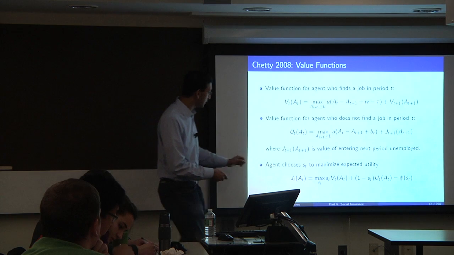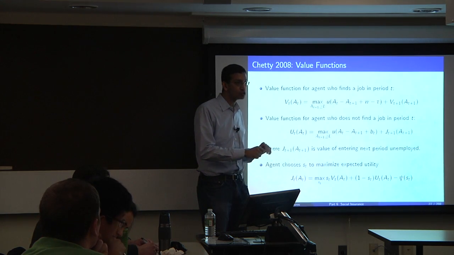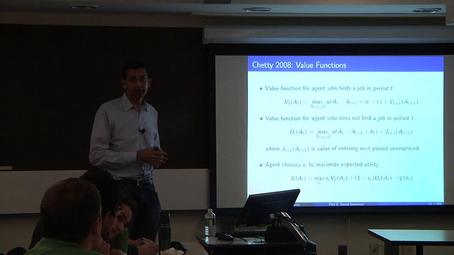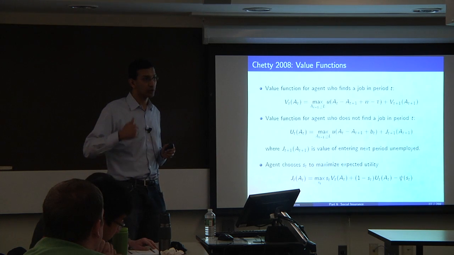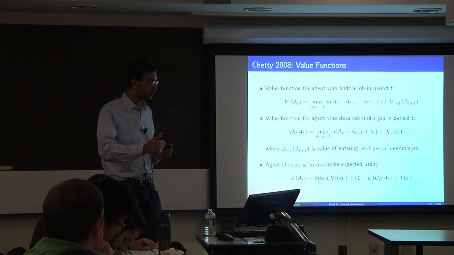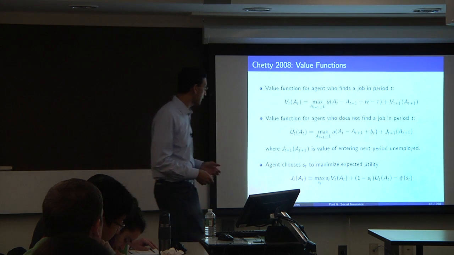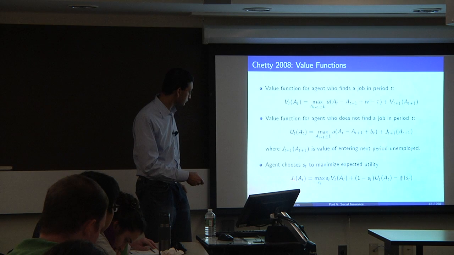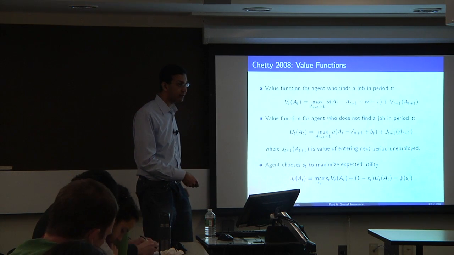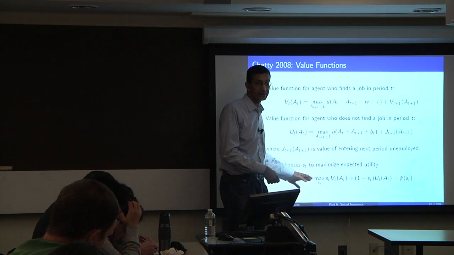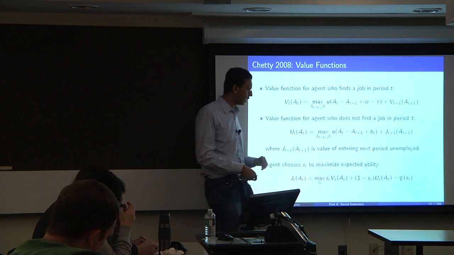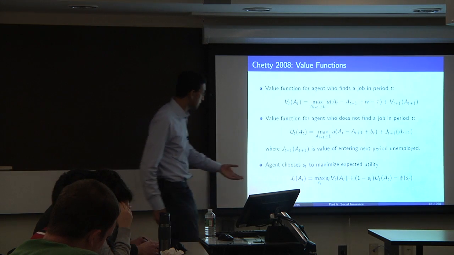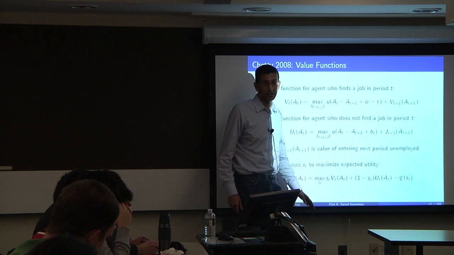And so the way to think about that is the agent is choosing his level of search intensity in order to maximize his expected utility. Okay, so the agent is choosing S_t in each period in order to maximize his expected utility, and hence J_t of A_t, the expected utility that he attains in period t, is just the weighted average of the utilities in the two states, right?